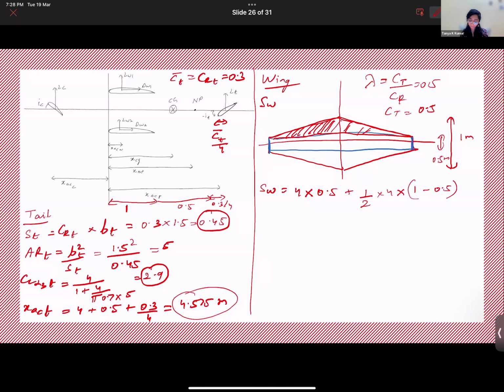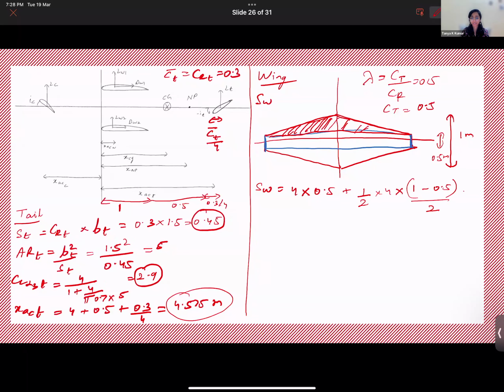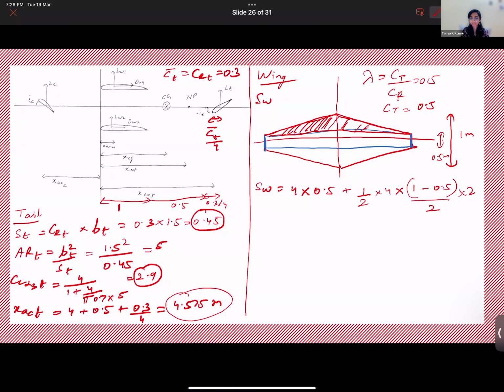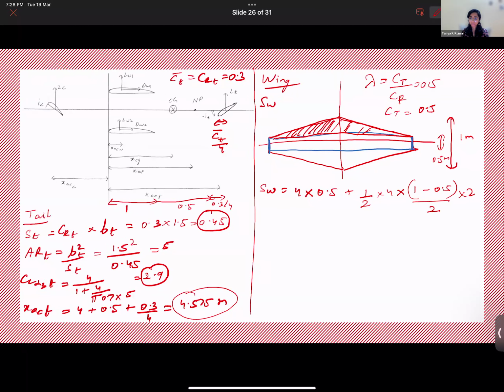It will be 1 minus 0.5 by 2. And since there are two triangles, it will be into 2. Is this correct? Please correct me if I'm going wrong. Does it logically make sense? Is it correct? Yes. Okay.